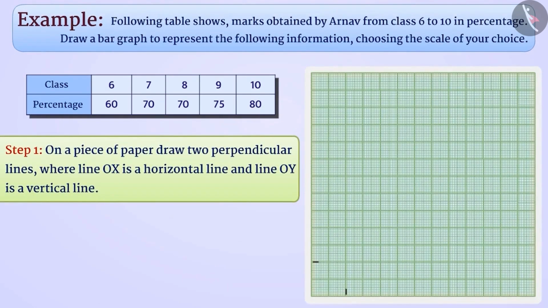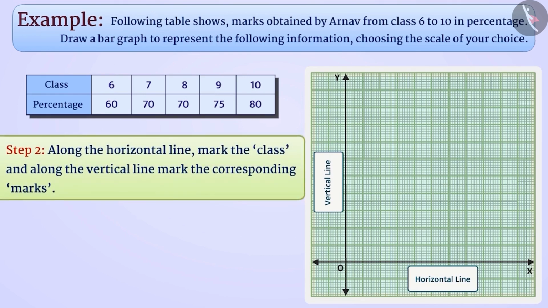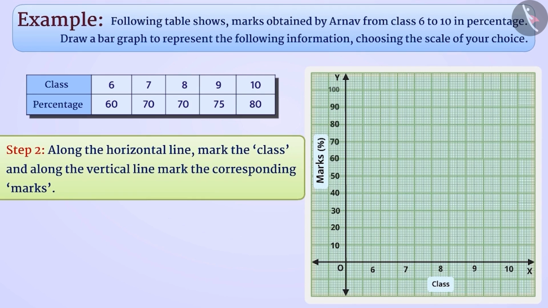On a piece of paper, draw two perpendicular lines where line OX is a horizontal line and line OY is a vertical line. Step 2. Along the horizontal line, we will mark the class and along the vertical line, mark the corresponding marks.